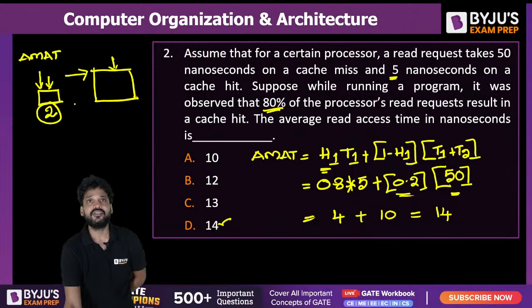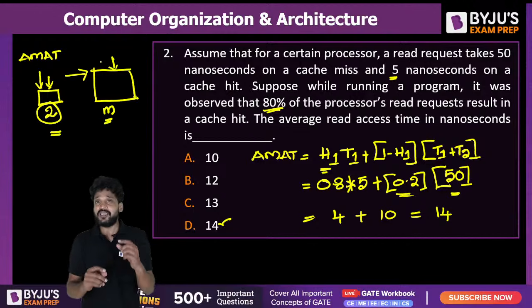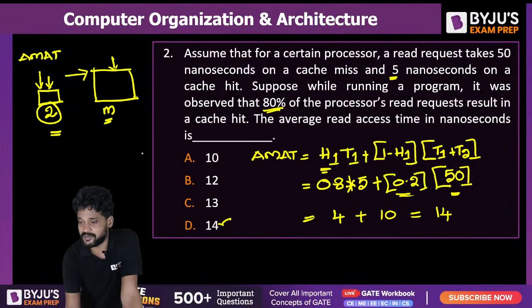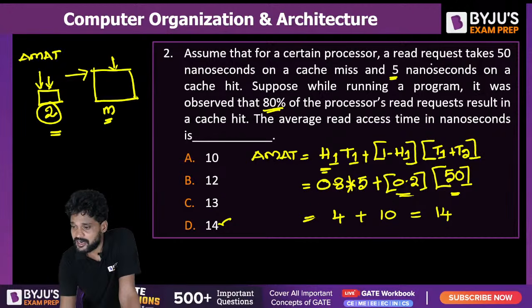Now the total access time includes the memory access time as well as the cache memory access time, right? So during a miss only, it goes to the main memory. That means we should include the time that has been wasted at the cache memory. If you read the question, a read request takes 50 nanoseconds to complete on a cache miss.